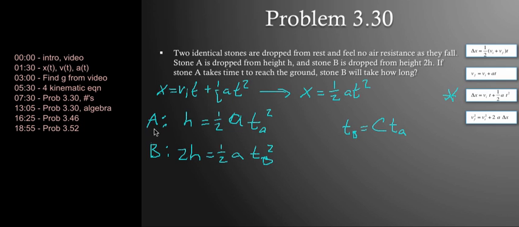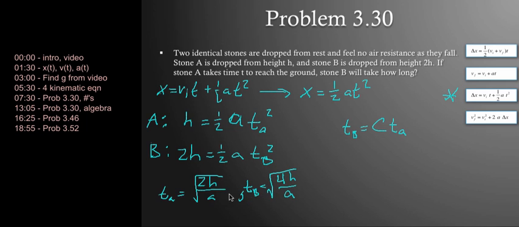So what we do is we end up solving this guy for t_A. So t_A is the square root of 2h over a. t_B is equal to the square root of 4h over a.